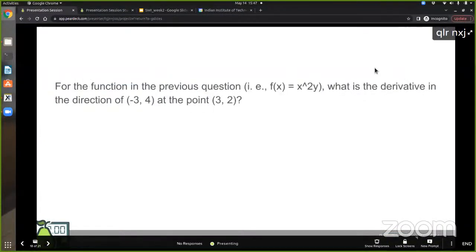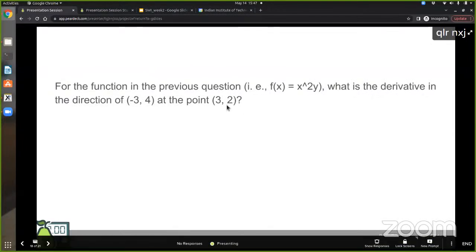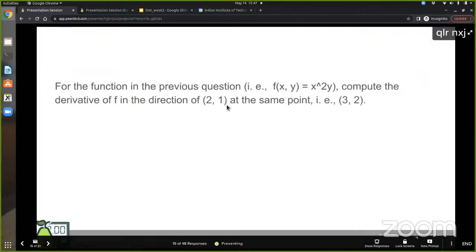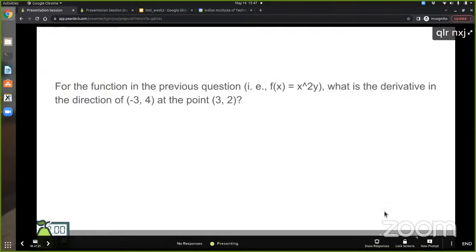Next question: for the same function, what is the derivative in the direction -3, 4 at the same point? Yeah, it's the same point. Only the value will change, right?